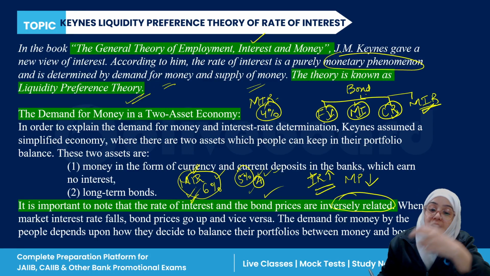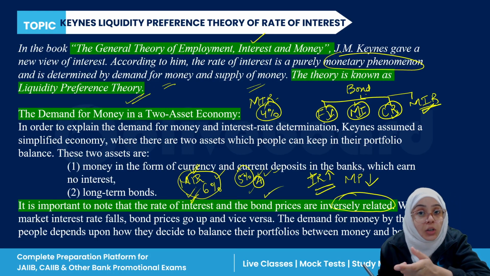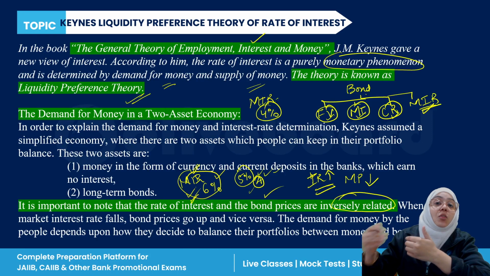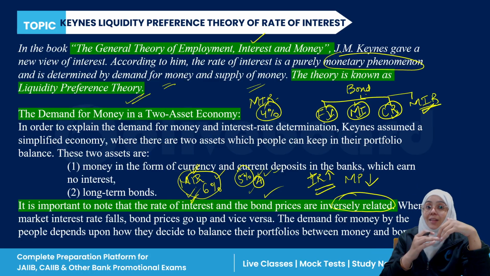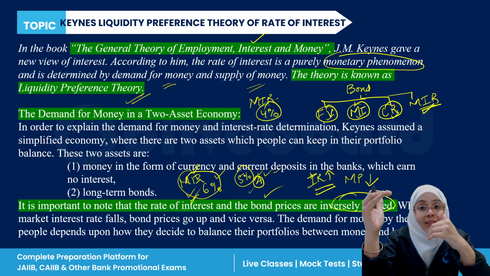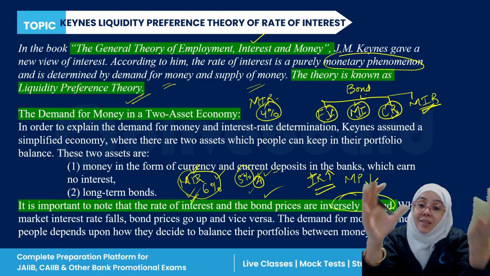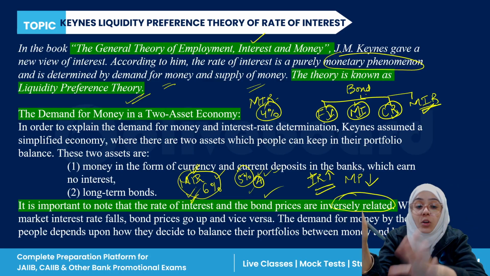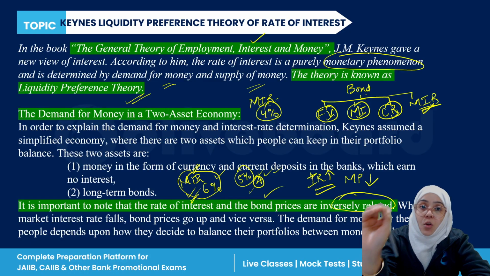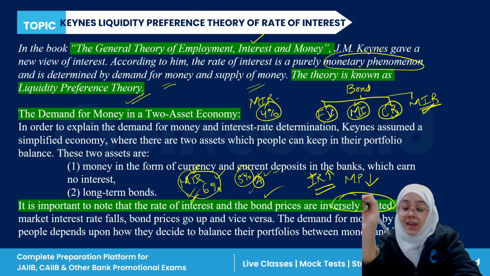So obviously you will be attracted more towards the older version. So the older version's demand rises, and when the demand rises, obviously the market price will increase. So as the interest rate decreases, the market price will increase. As the interest rate increases, the market price will decrease. So always remember, this is a very important theorem, that the rate of interest and bond price are inversely related to each other.